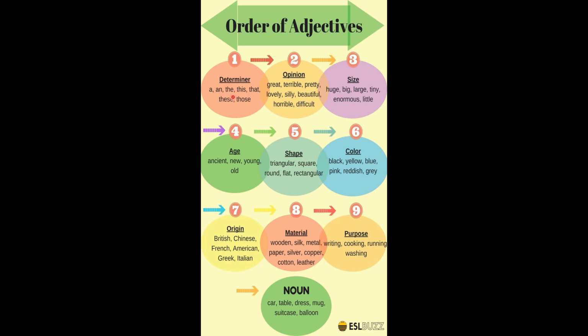Determiners determine the noun, how many there are. Then opinion: how it is, great or terrible, pretty, lovely, silly, beautiful, quality. Then size, then age, then shape, then color, then origin, then material, and finally purpose.